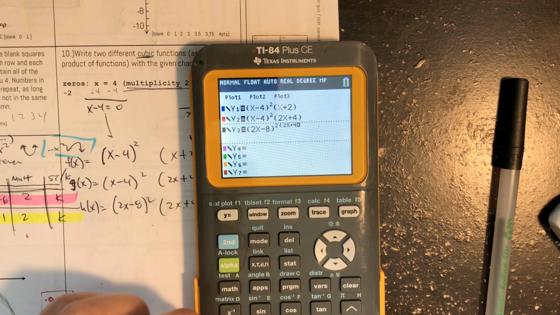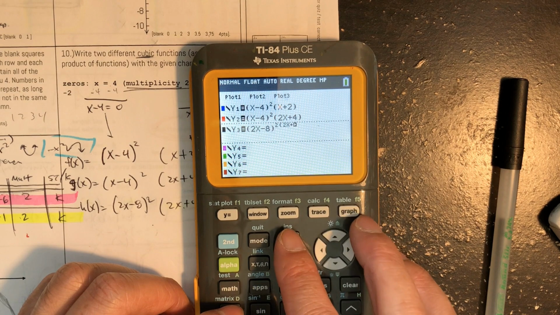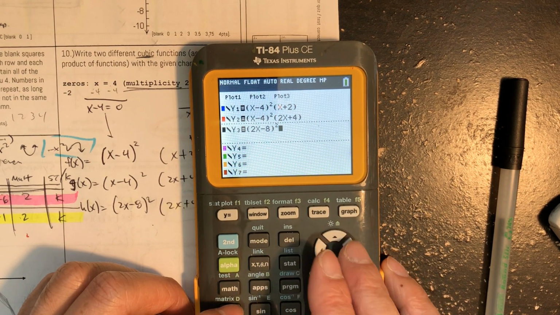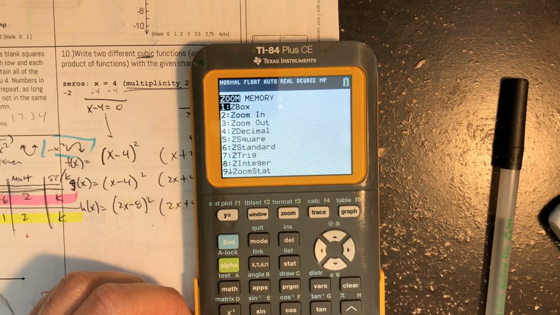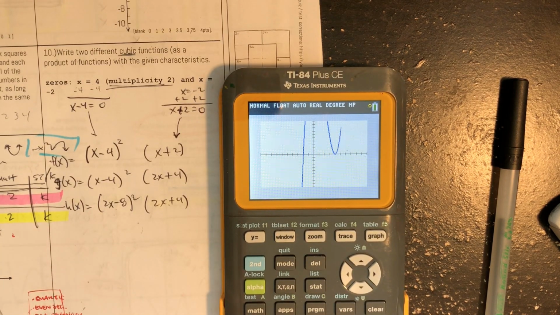That's the big idea. All right, here we go. Let the calculator work. Okay, here comes the next one. Goes to the same. That's a little bit skinnier there. Uh-oh, what happened to that one?